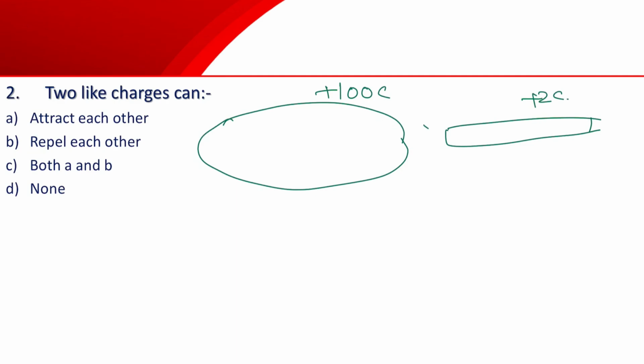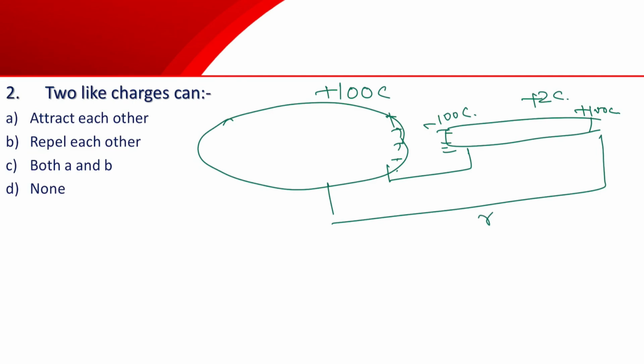So by induction, if these two are conductors, this side minus 100 Coulomb charge will be developed, and similarly this side plus 100 Coulomb charge will be developed. But this plus 100 Coulomb is in this region, and this minus 100 Coulomb is in this region, so these two will attract and these two will repel, but that repulsion has much more distance. This distance r dash is much more than r.